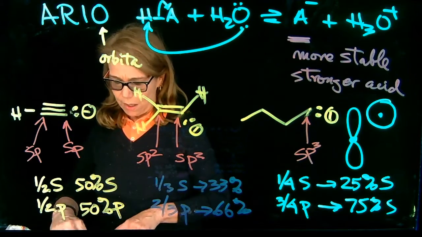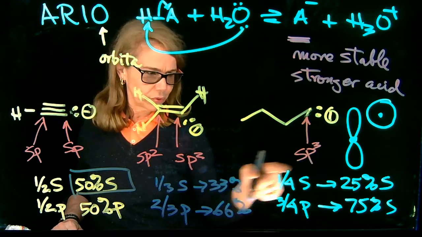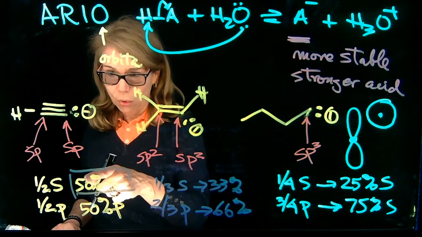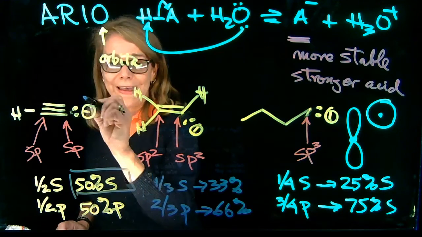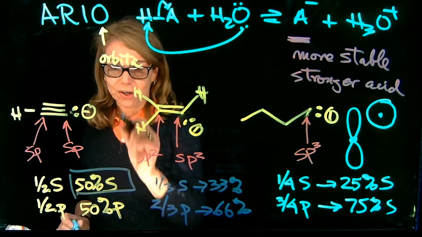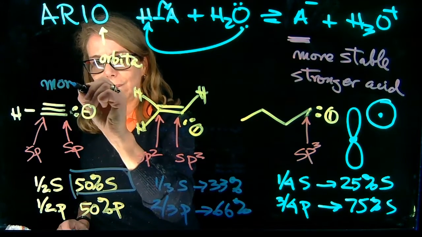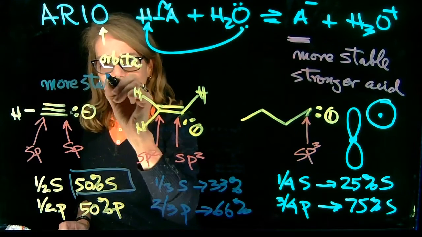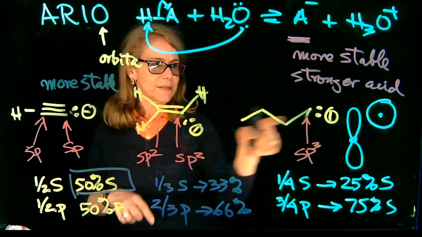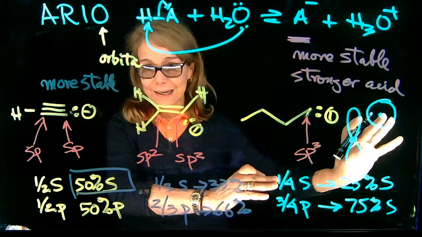Notice here this is 50% as opposed to 33 and 25. So this orbital is actually shorter and closer to the nucleus. Because the nucleus has positive charge, this anion is more stable. Again, because that electron density is closer to the nucleus than it is in any of the others.